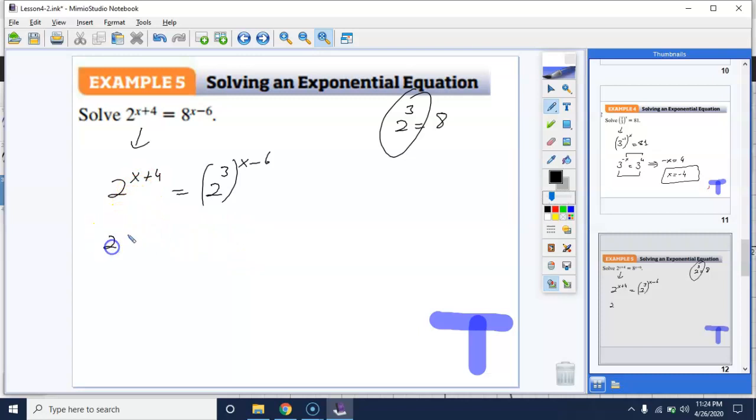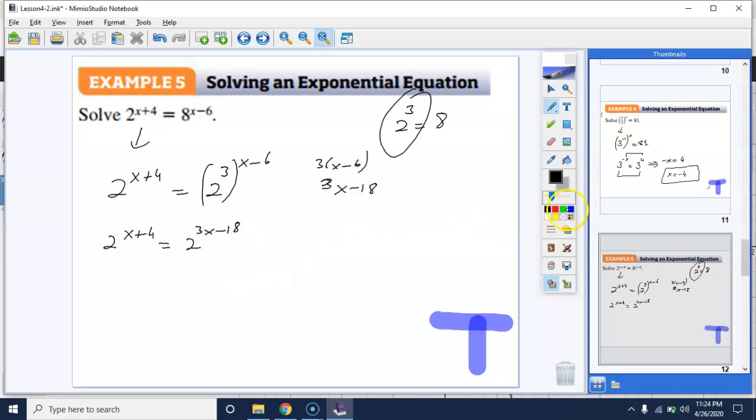So it should be 2 to the x plus 4. If you have a double exponent, you just multiply them. That's how it works. So it should be 3x minus 6, and then 3x minus 18. So my exponent should be 3x minus 18.